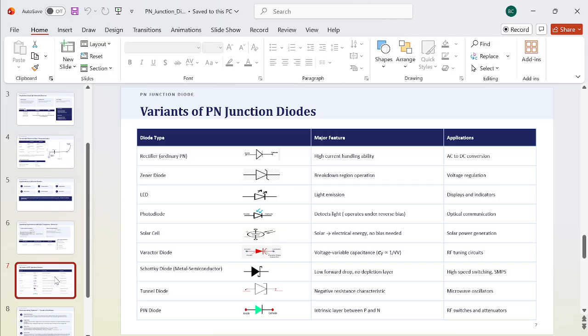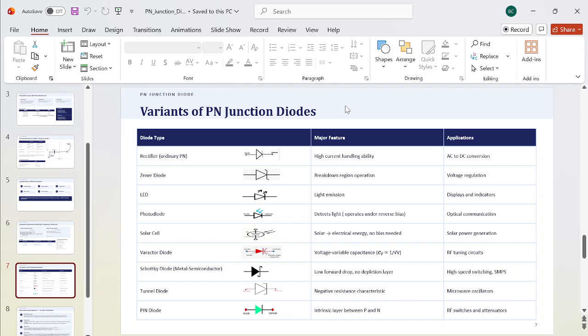Now these are the variants of the PN junction diode. The ordinary PN junction diode, sometimes known as a rectifying diode because of its one-way conduction, is not suitable in all cases.